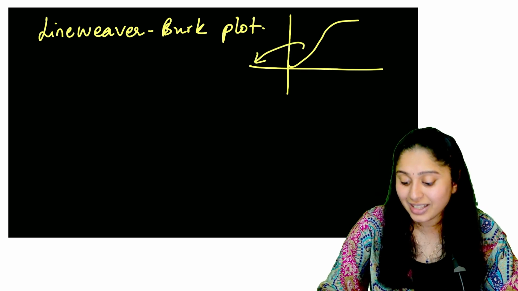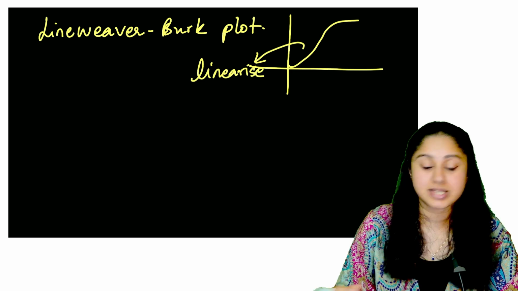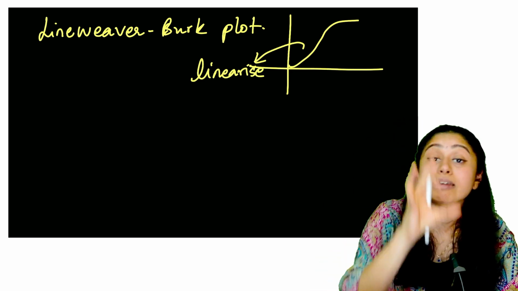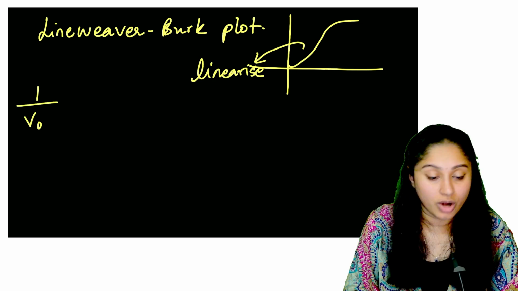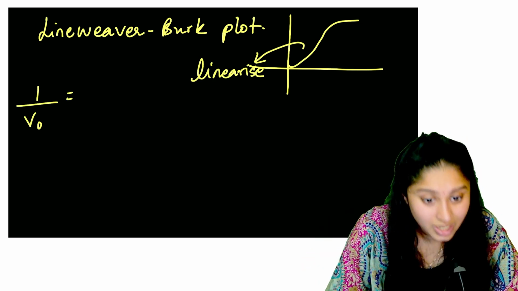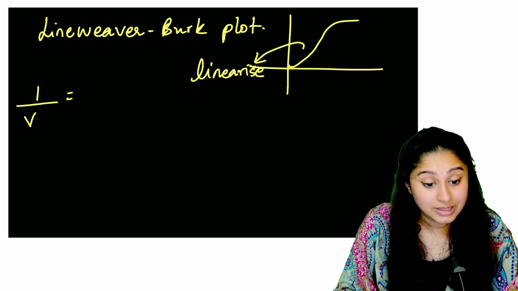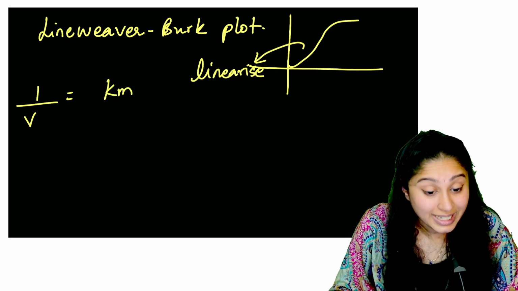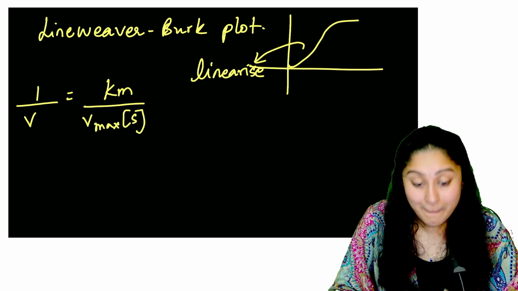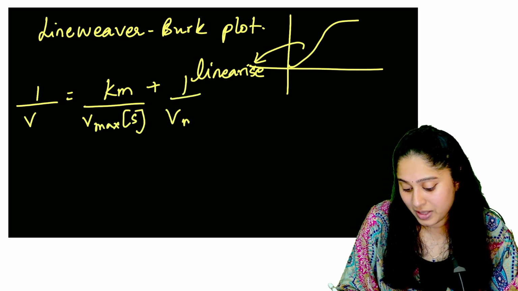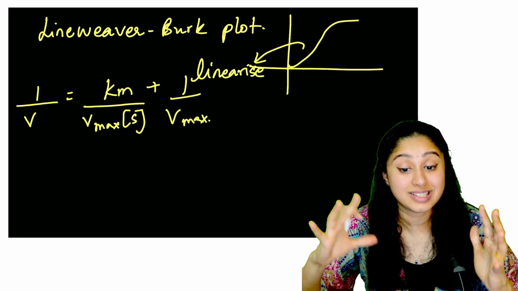So I am going to linearize this into a clear-cut equation that states that 1 by V naught, or the rate of the reaction, is equal to Km divided by Vmax into S, plus 1 by Vmax. This is the equation.